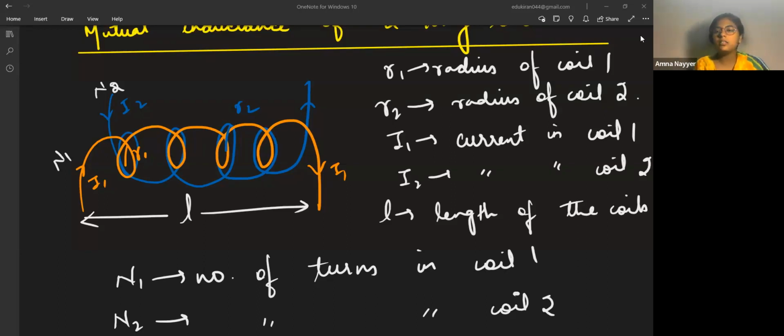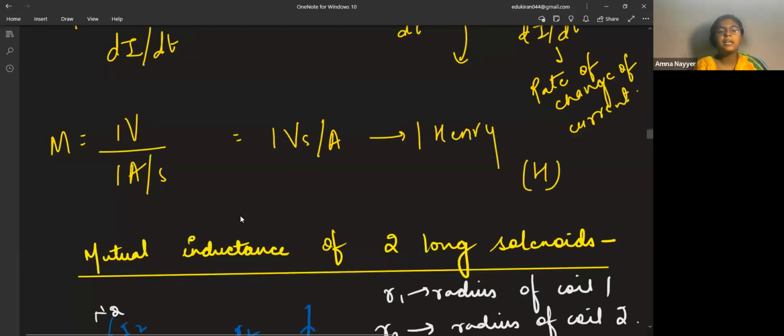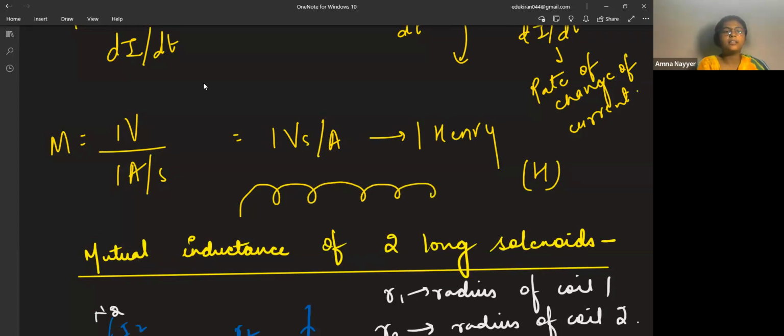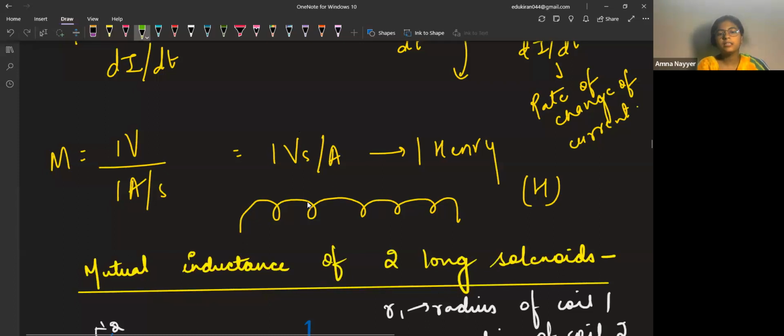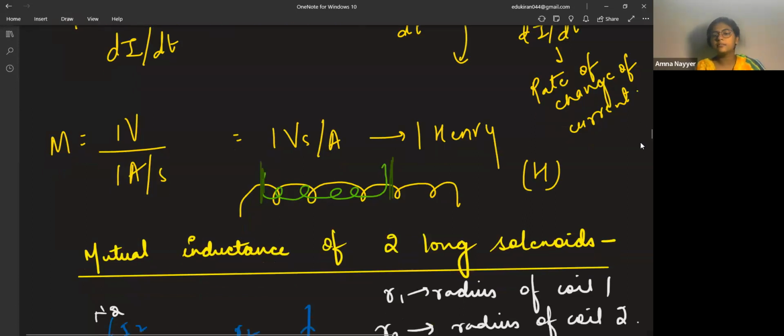Even if it's not about the syllabus, I am taking a very long coil. Suppose the current is changing here, so EMF will be produced here only. So ultimately length will be the same. So that's why we will just consider the same length.